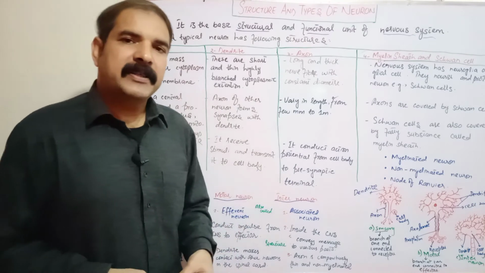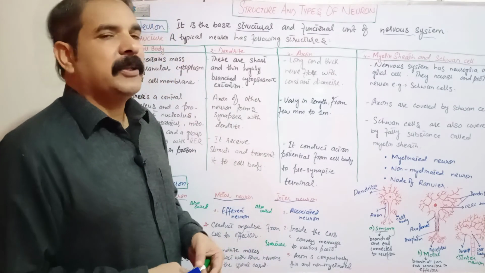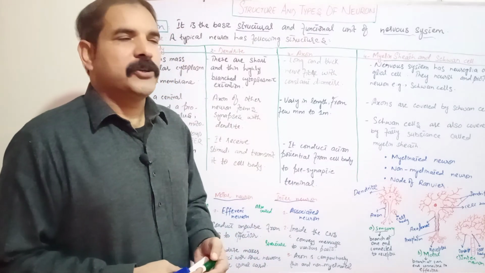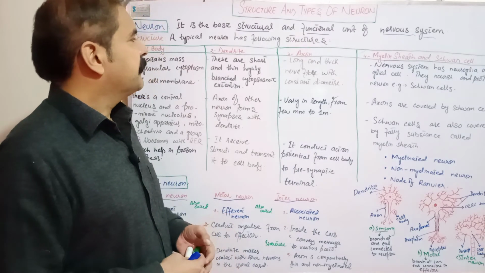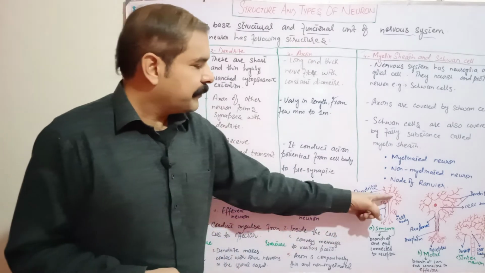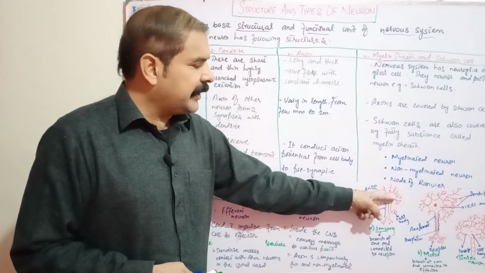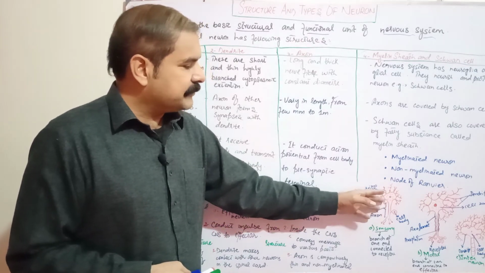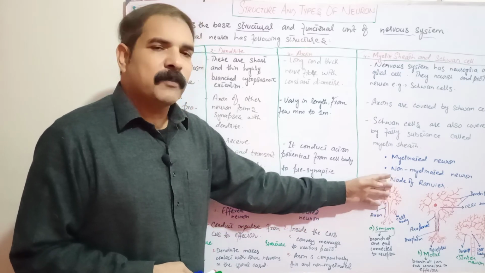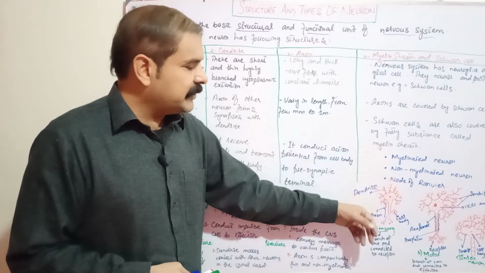So to summarize the whole topic: the typical neuron is a structural and the functional unit of nervous system. It has cell body with the granular cytoplasm, nucleus and the organelles. Dendrites, cytoplasmic extensions, which form synapse with the axon of the other.